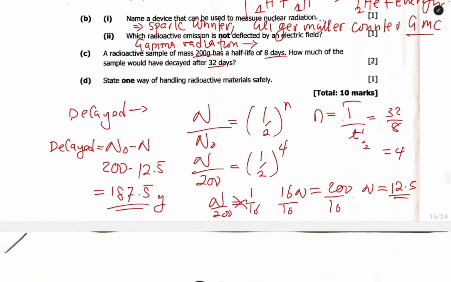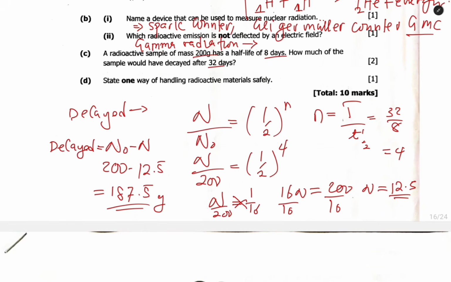Okay, then of course we have: state 1 way of handling radioactive substances. State 1 way of handling radioactive material. So how do you handle them? In handling this, radioactive material should be stored in containers lined with lead and of course buried underground.